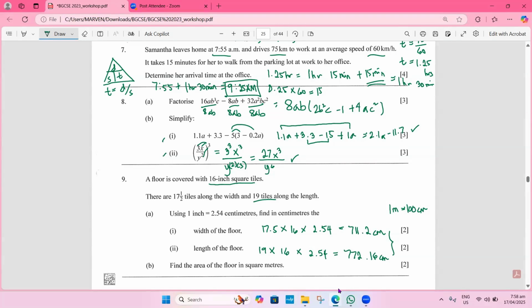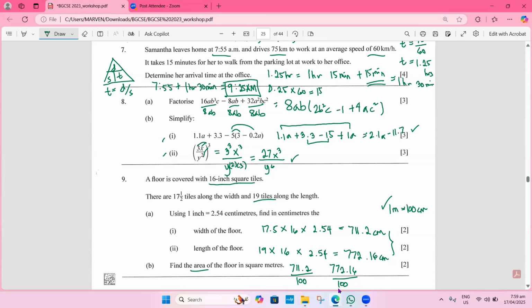So to know how many meters in 711.2, it's like dividing 711.2 by 100. And we will do the same with 772.16 divided by 100. Again, the scale is 1 meter is equal to 100 centimeters. So we need to divide both by 100 so that we can convert them into meters.